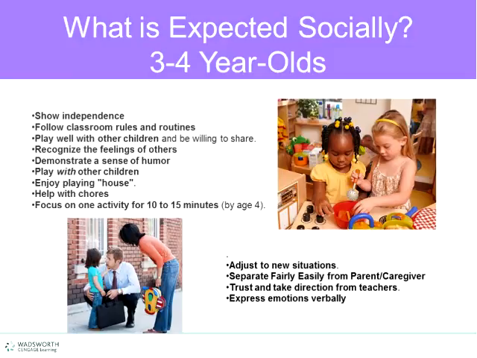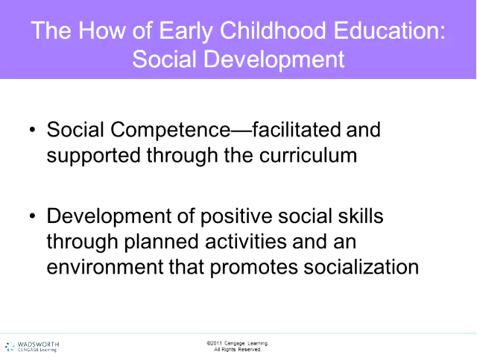They should be able to trust them and also be able to express their emotions, not by getting upset or crying, but to be able to start explaining how they're feeling. And that's one of our goals. Some of these things we'll be talking about through our course, ways that you can help children through these things. So that's kind of the basics of what might realistically be expected socially from 3 to 4-year-olds.